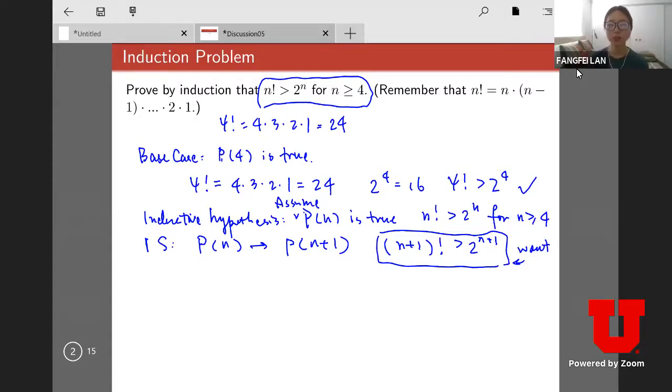I think it's really helpful to actually write out what you want. And then now we're just going to do some algebra. So then we will see how we can get to what we want. Any idea how to do that?